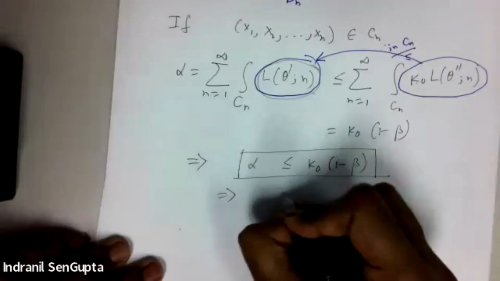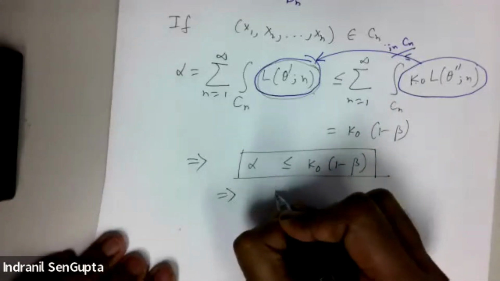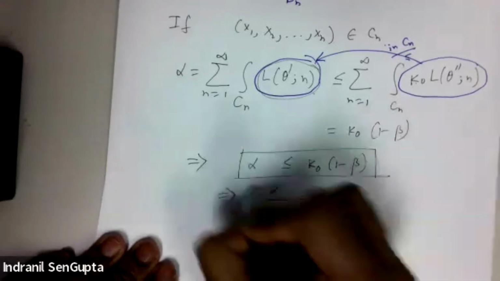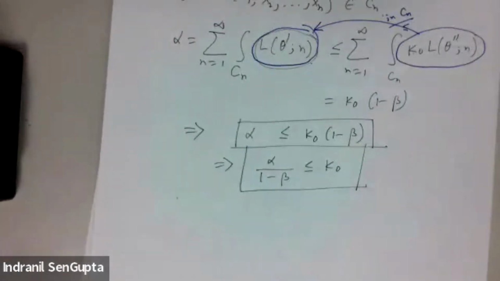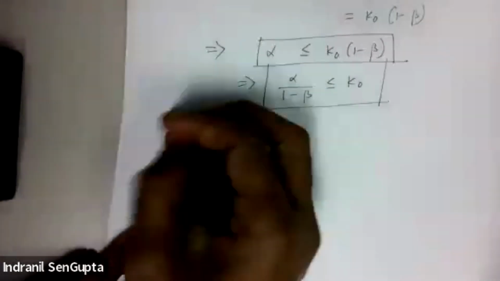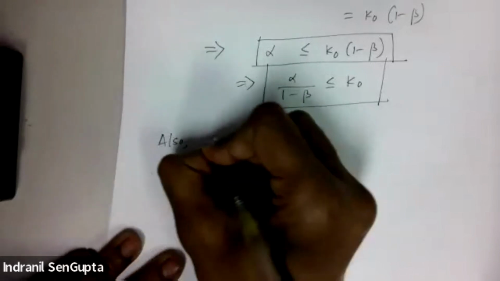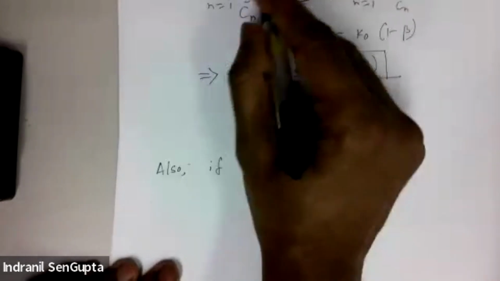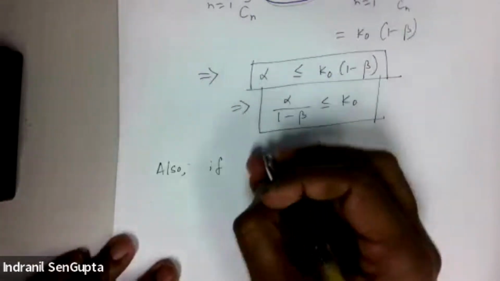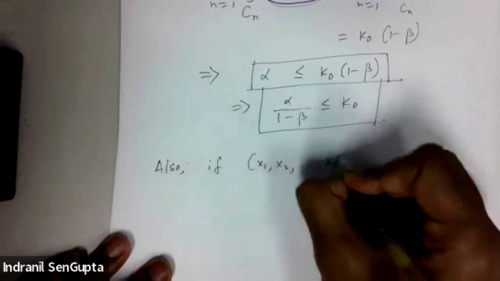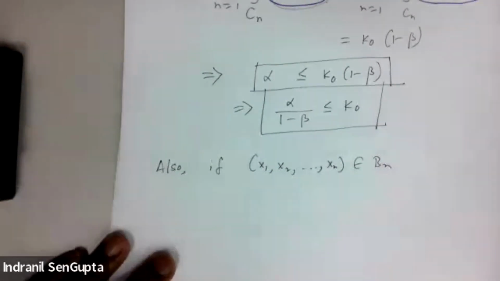Or in other words, k0 is bigger than or equal to alpha over 1 minus beta. Either of these is fine. Also, this is what we did for Cn, for if x1, x2, xn in Bn.